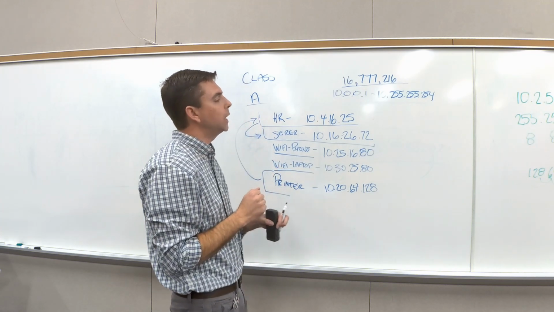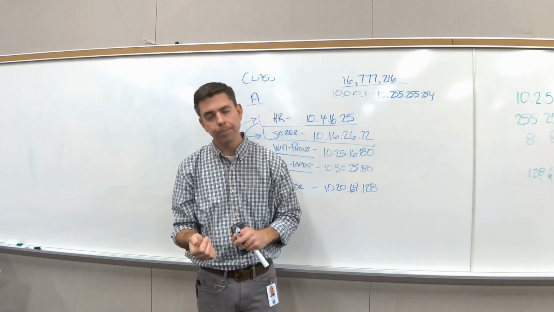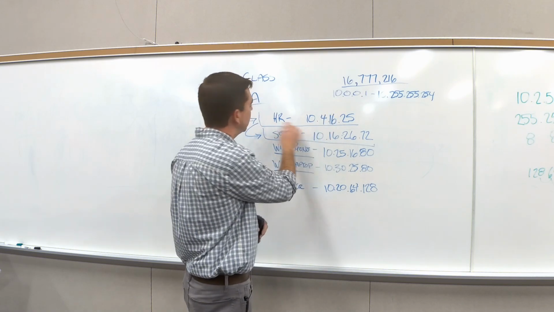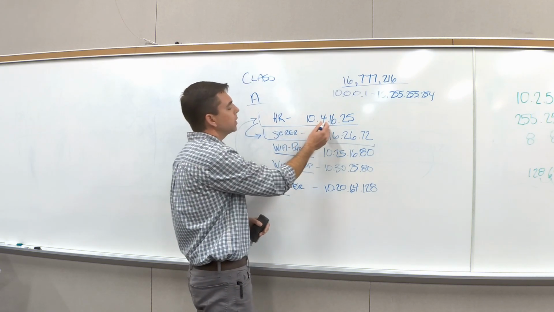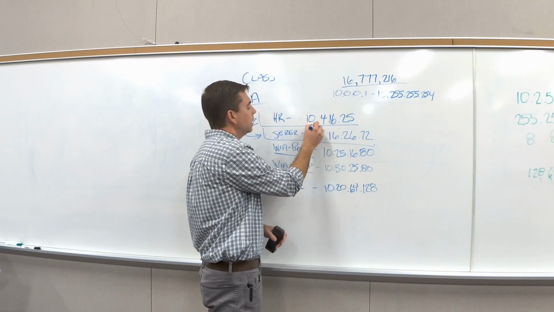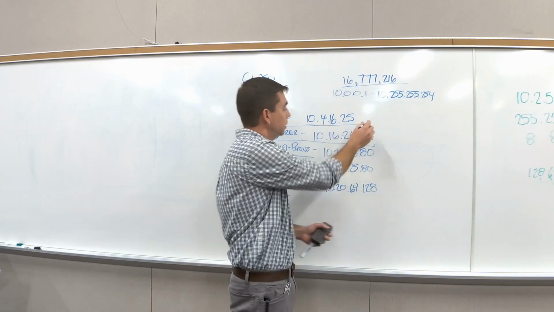It would be like living in the state of California and having Amazon ship you a package. Let's use an IP address, the HR computer, for example: 10.4.16.25. The 10 represents, let's say, the state, and the rest is your house number.